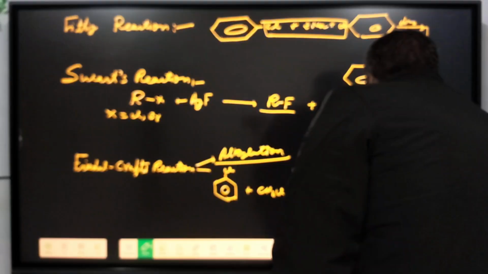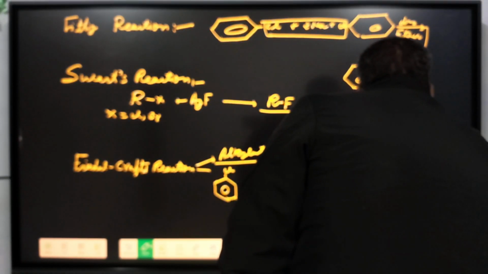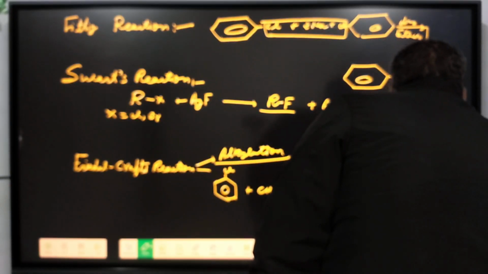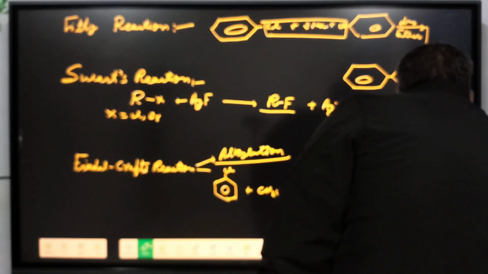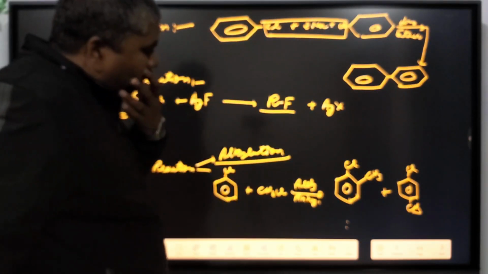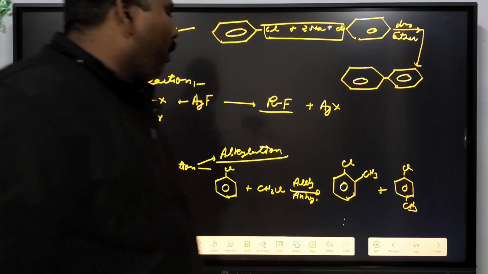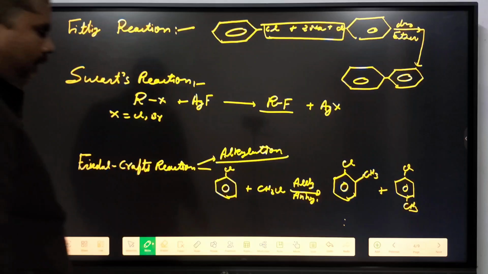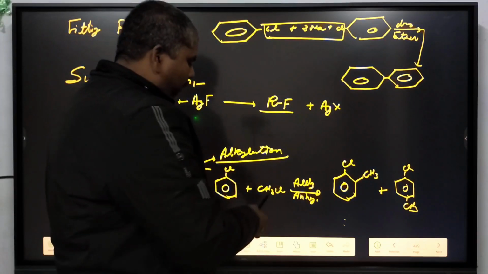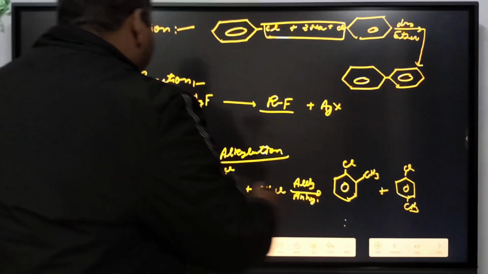The 2-chloromethylbenzene and the 4-chloromethylbenzene are obtained. This is the Friedel-Crafts alkylation because the alkyl group enters the benzene ring.